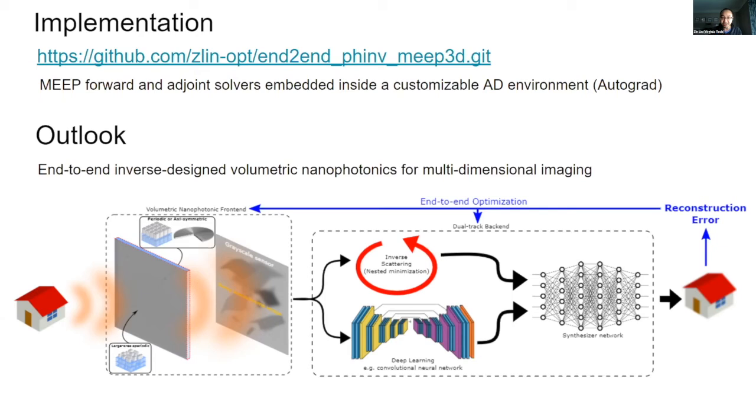So with that, I just want to say a few things about the implementation. As I mentioned, this is all done within a customizable automatic differentiable environment, but critically modified with efficient solvers, Meep solvers, and forward and adjoint solvers, put together to make it scalable to larger and larger structures.